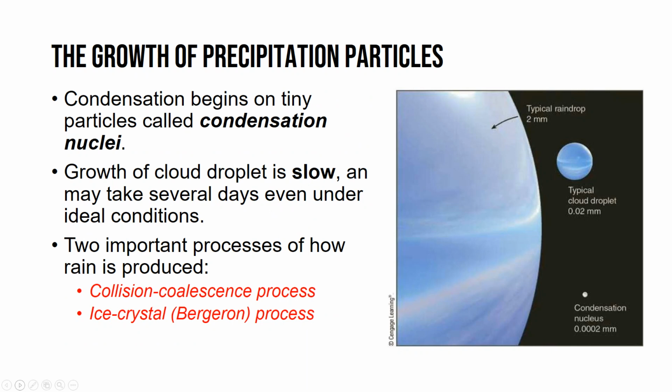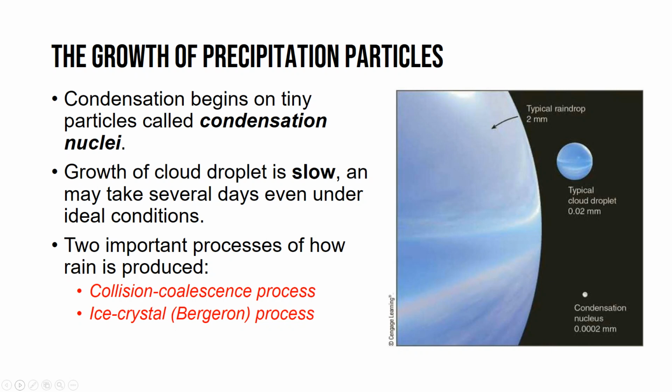The typical cloud droplet, as I mentioned a while ago, only has a diameter of 0.02 millimeter. That's less than a thousandth of an inch. So that's really very small, and 100 times smaller than the typical raindrop.